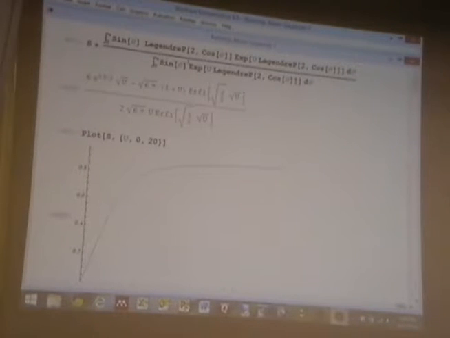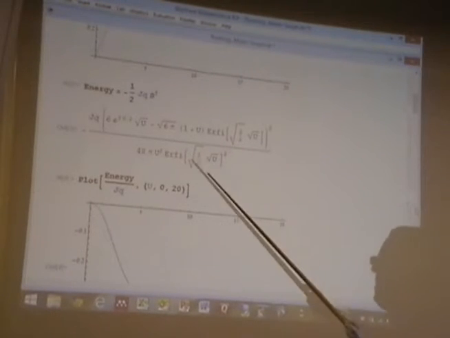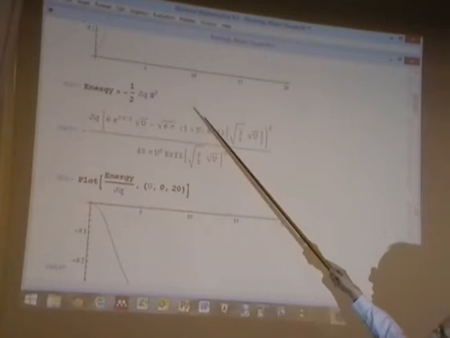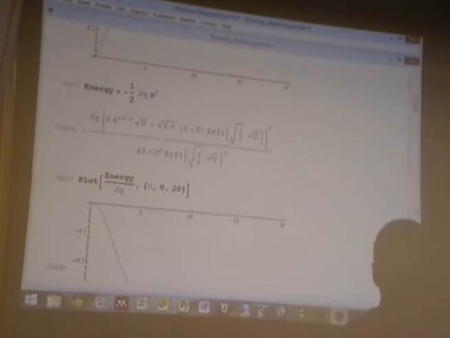Okay, so be it. So this is the S in terms of U. Then if I keep going down, I can work out what's the energy. That's minus 1/2 JQ S squared.